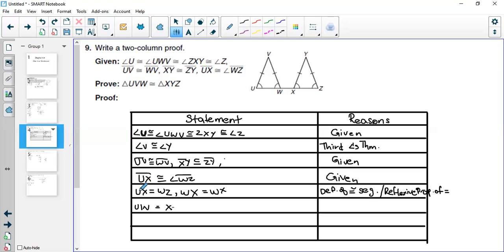How do we know UW is equal to XZ? Any idea? This is just because you are going to subtract the whole length, right? Is there any other way I could make it easy for you?